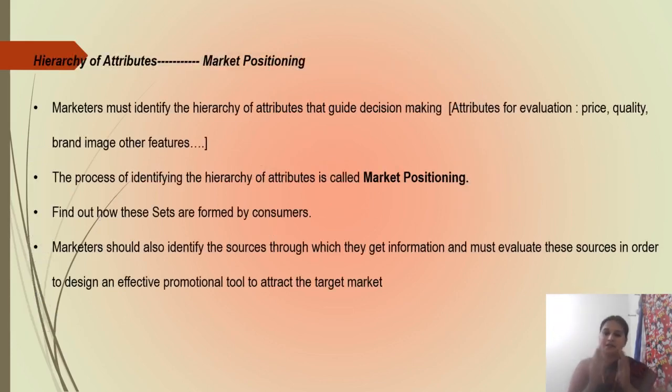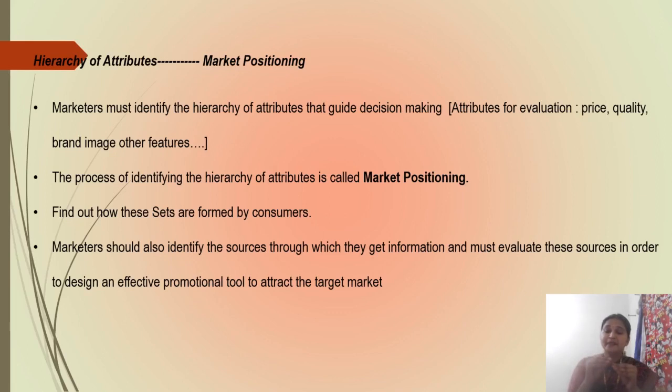Next one, a marketer must identify the hierarchy of attributes, or market positioning. Marketers must identify the hierarchy of attributes that guides a buyer in taking decisions. For evaluation, the buyer considers certain factors or attributes, for example, price, quality, features, benefits, brand image, and so on.